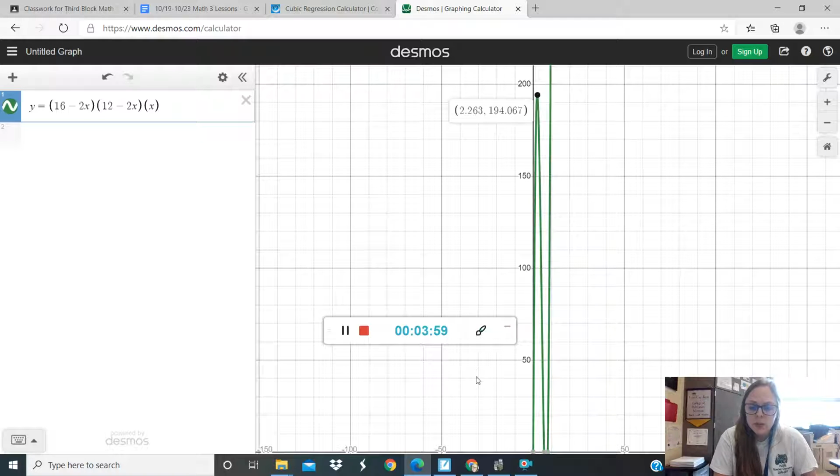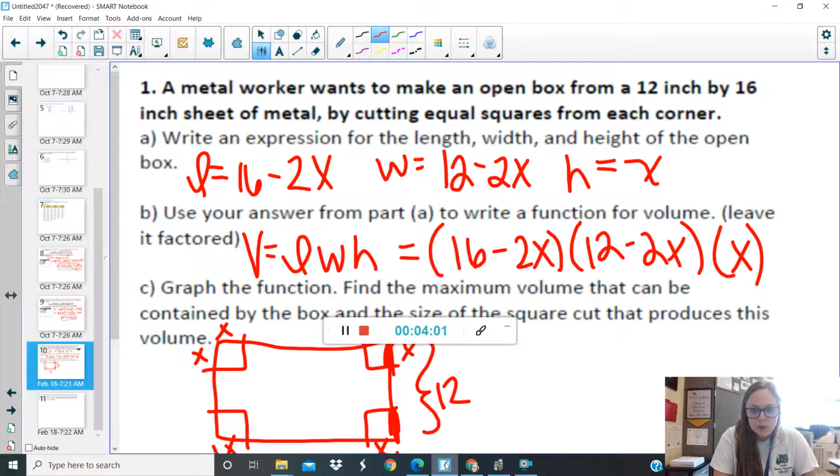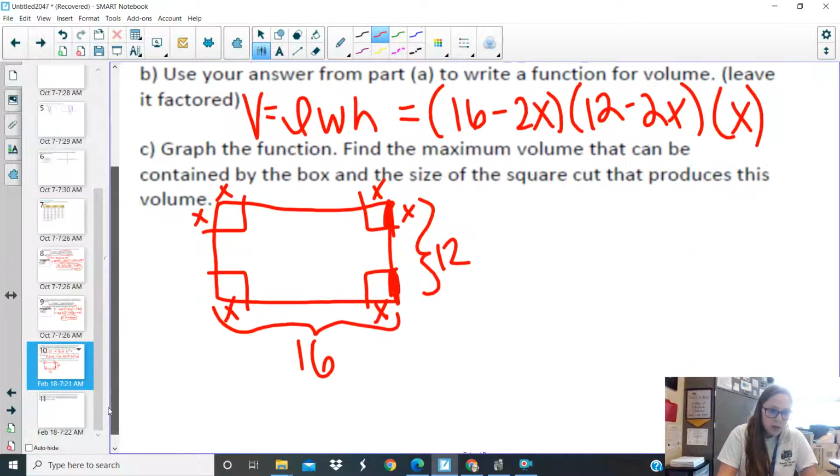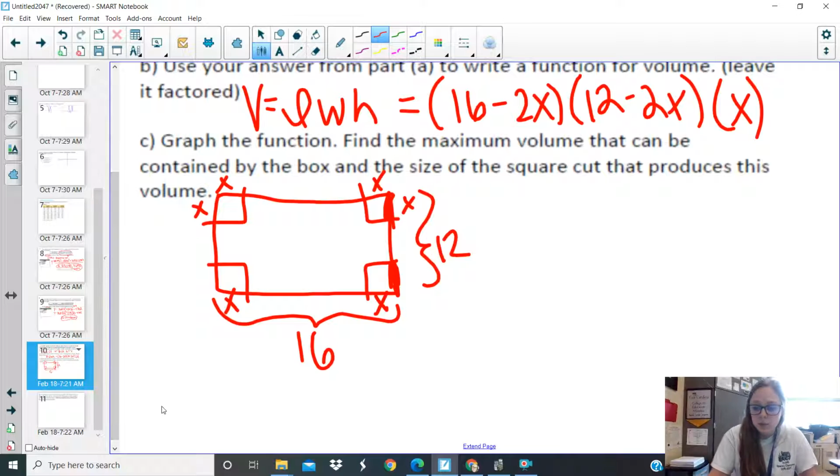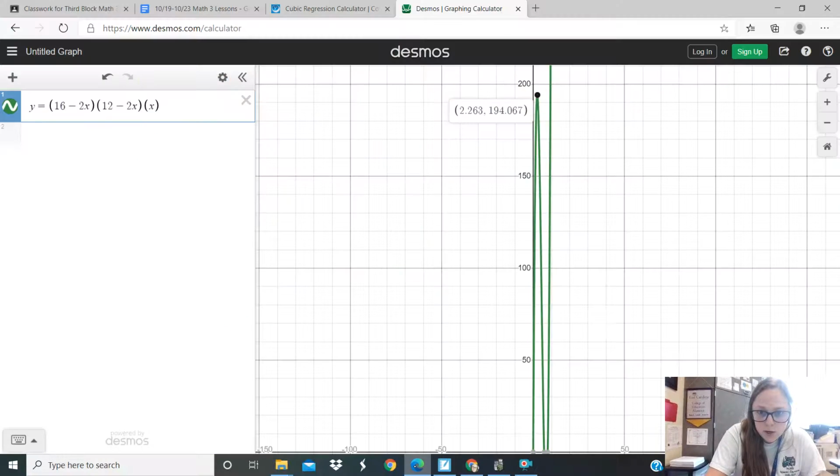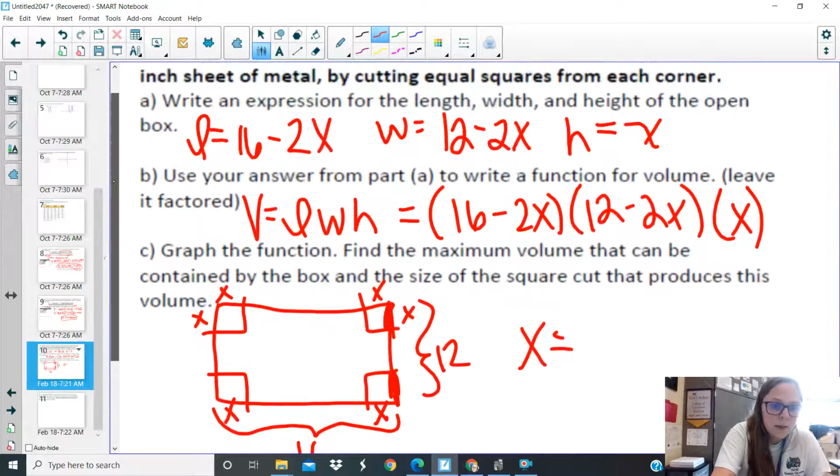194.067. So if we go back to see what the question was asking for, we want to know the maximum volume that can be contained by the box and the size of the square. So if I come down here, the size of the square is going to be x, and that was 2.263, and I think this was in inches.